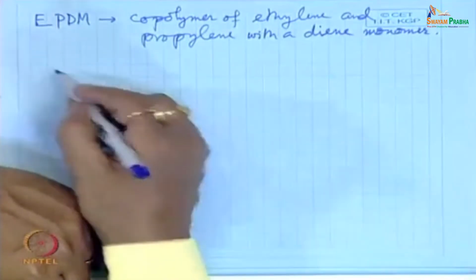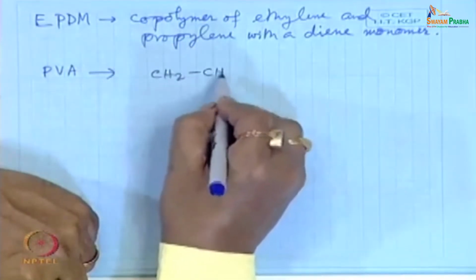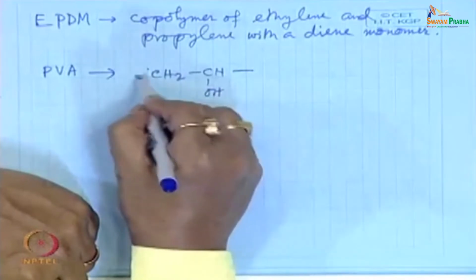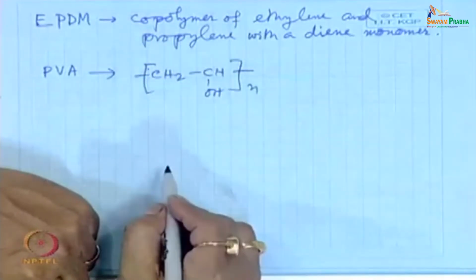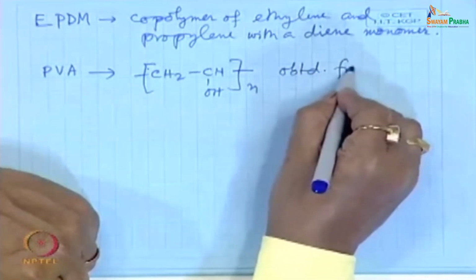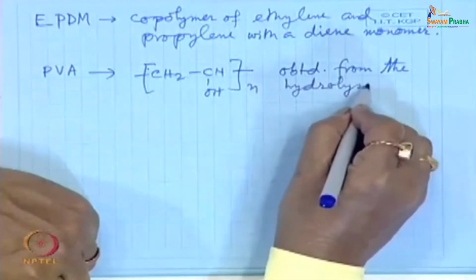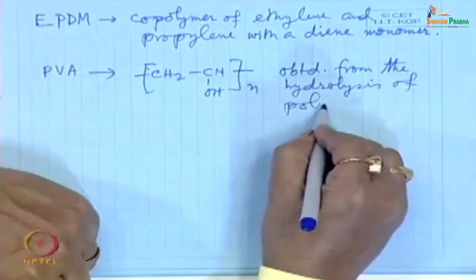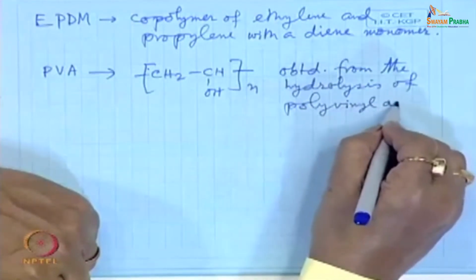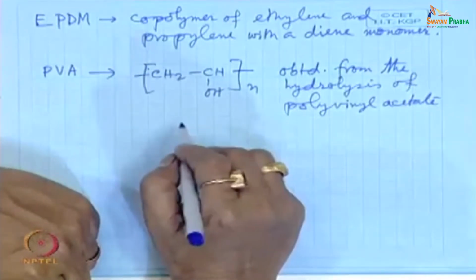Polyvinyl alcohol, it is obtained from, say 90% hydrolysis, 8 to 10% acetate group remains in polyvinyl alcohol.